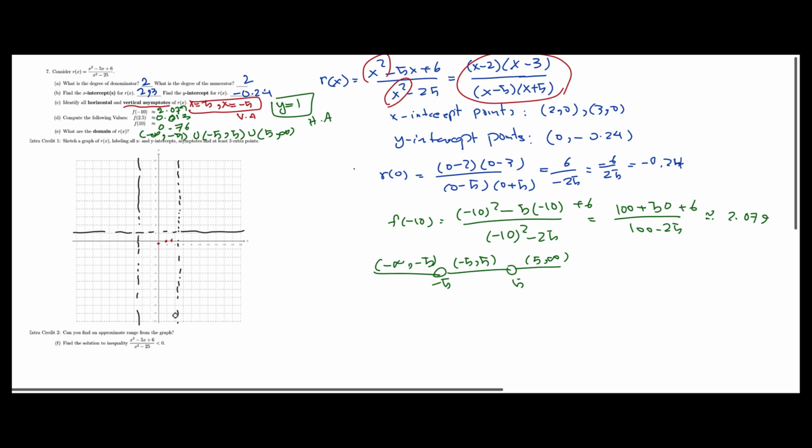Now, the next thing is this. I know that there are 2 zeros in here, x equal to 2 and x equal to 3, of odd order. So the graph goes through the x-axis while we're passing them. So the graph goes through the x-axis, and I know it's ending up there. So let's use red.